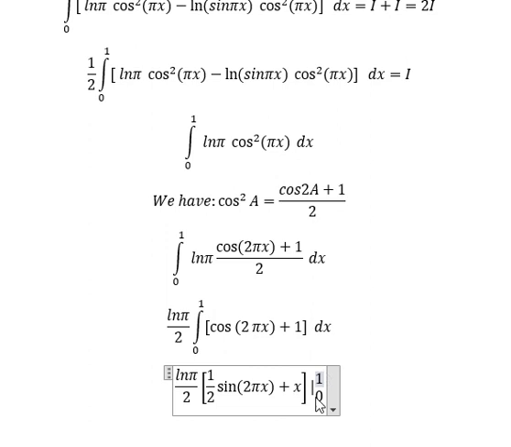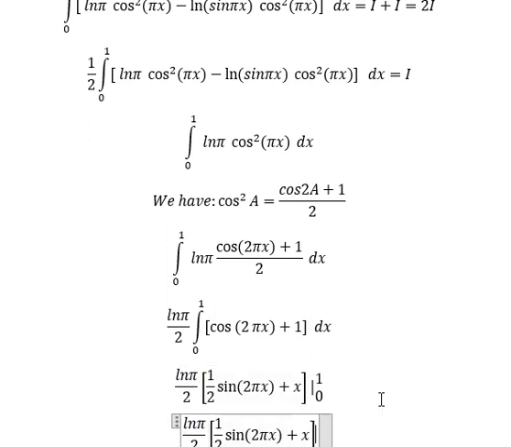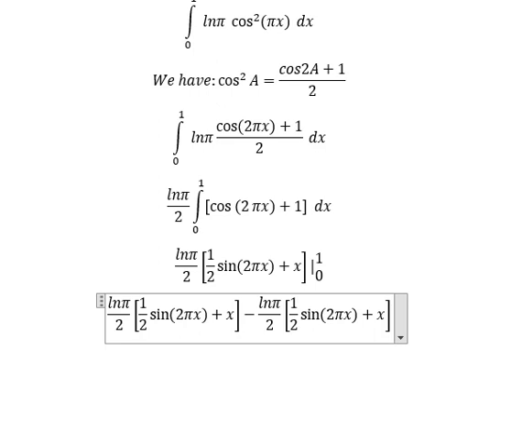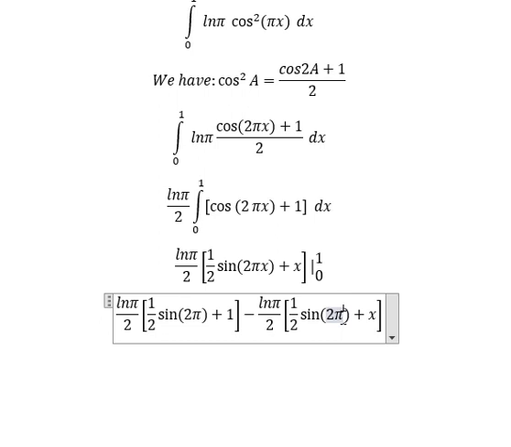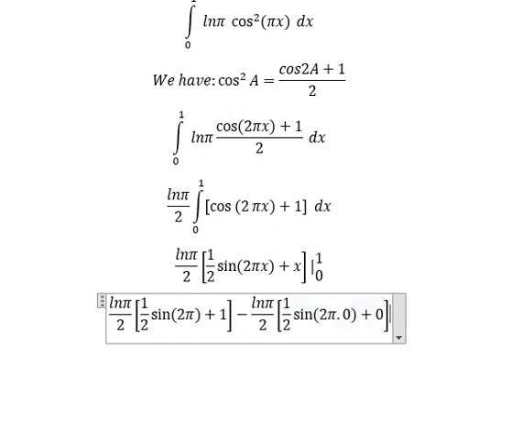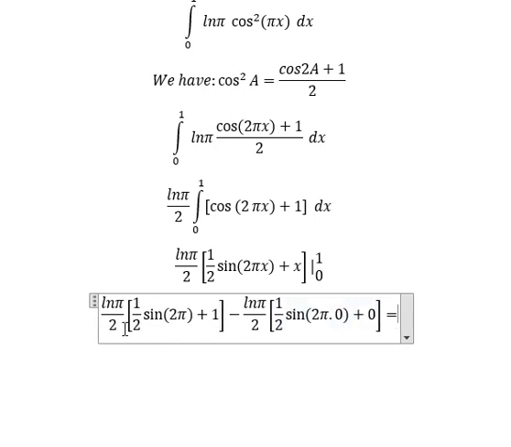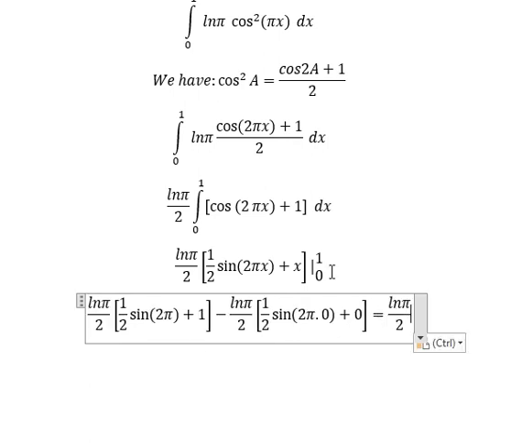So we put number 1 and number 0 in here. We simplify and we have ln b over 2. And this is the answer for the first one.